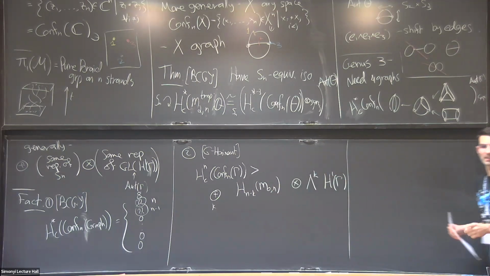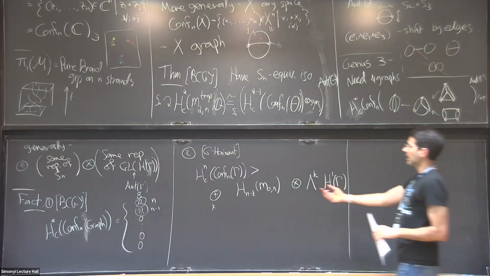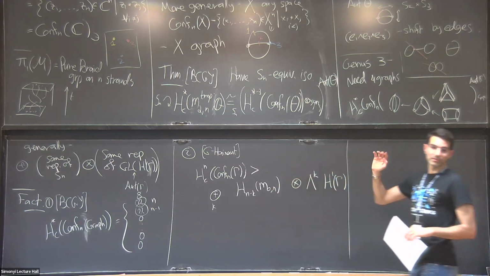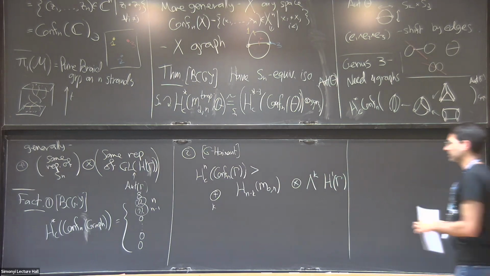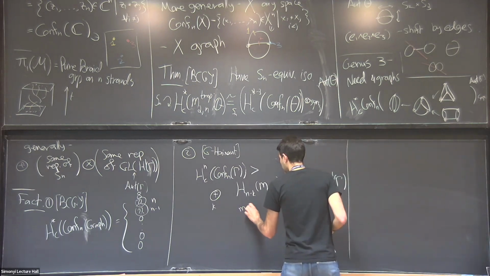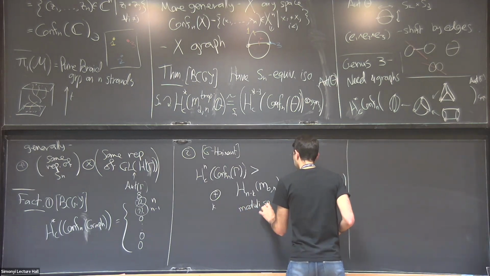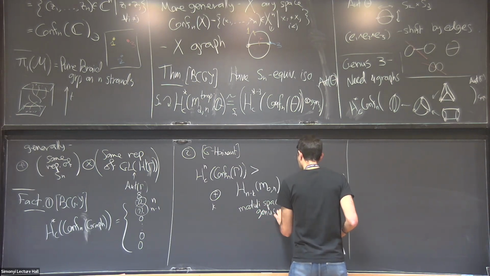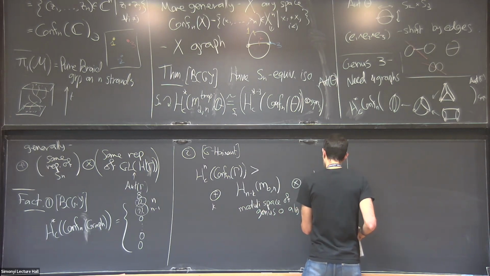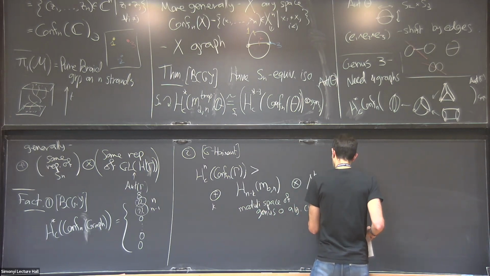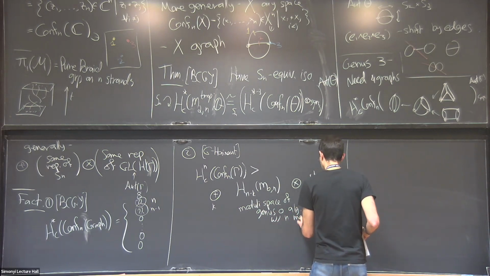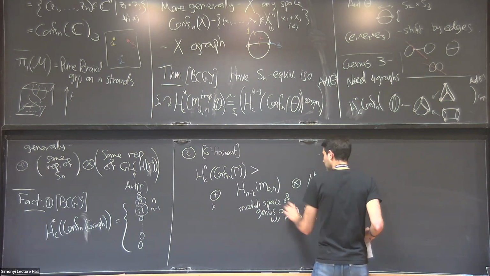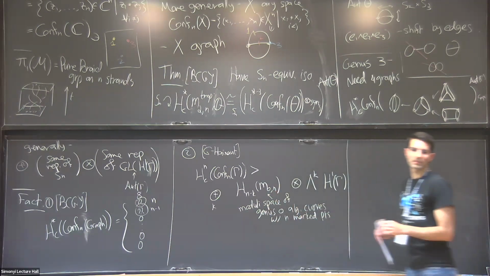It's the n minus k homology of M_{0,n}, the usual ordinary M_{0,n}, the moduli space of genus zero algebraic curves with n marked points.